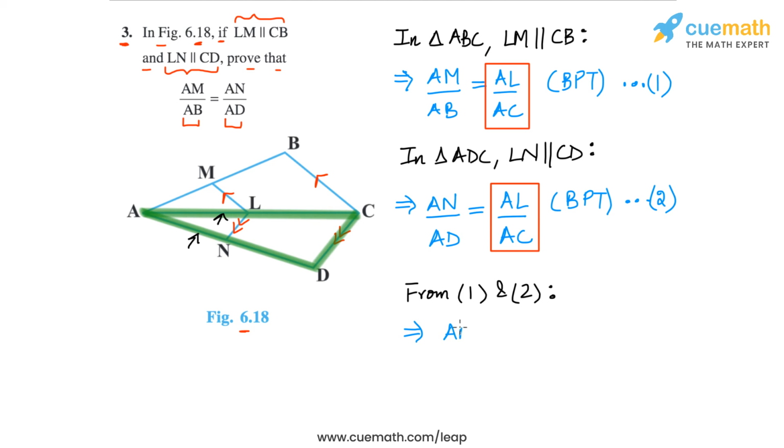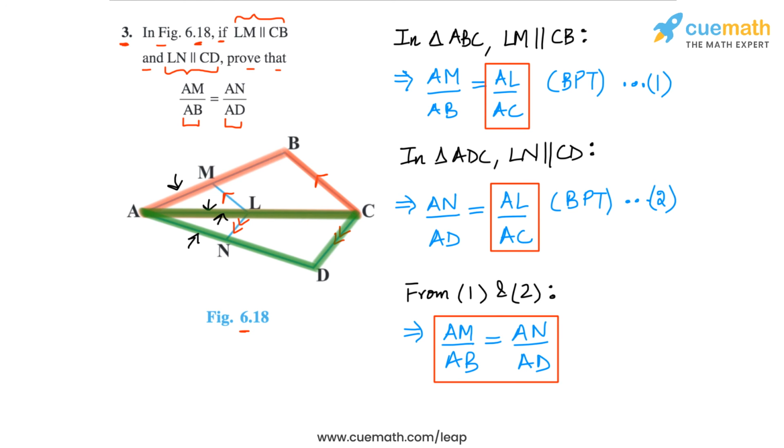So AM by AB, the LHS of equation 1, will be equal to AN by AD, the LHS of equation 2. Okay, and this is what we had to prove. So with this we have completed question number 3.